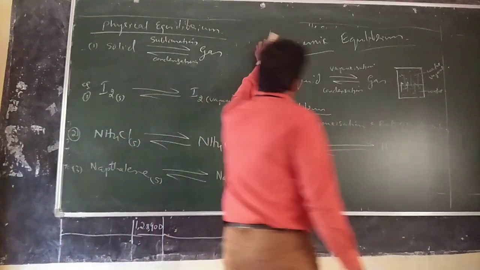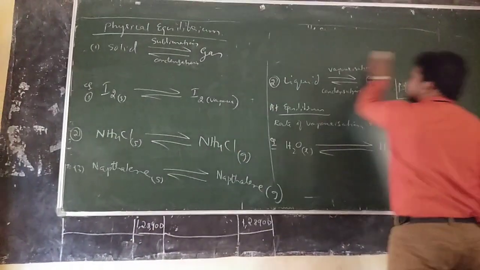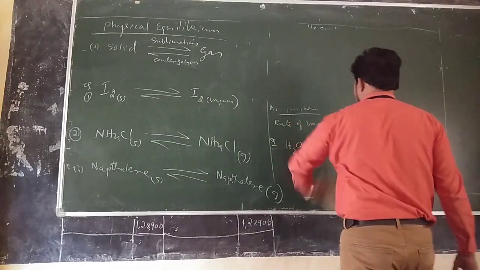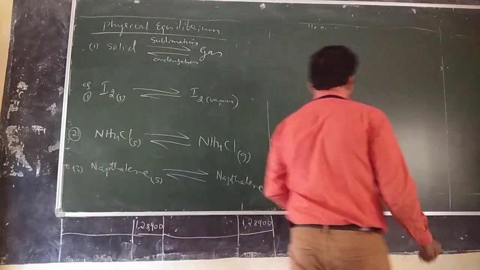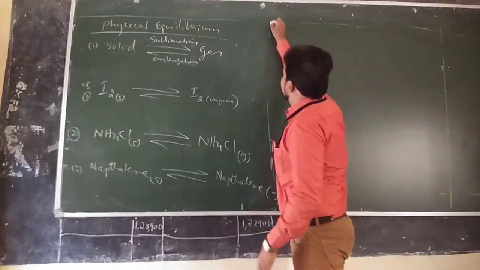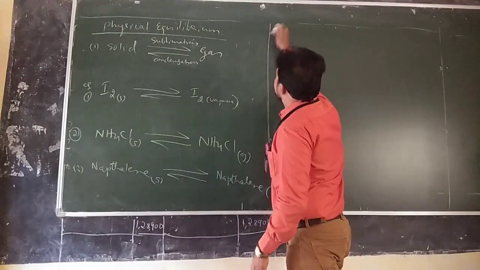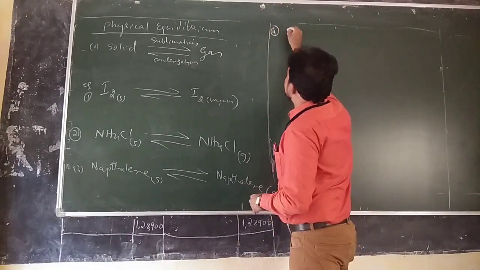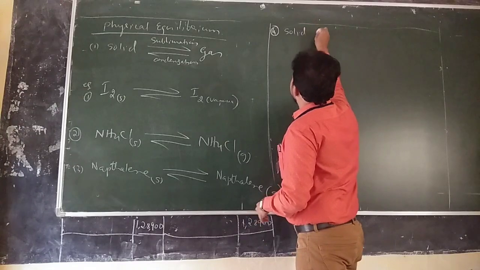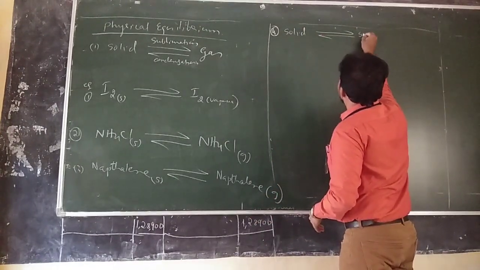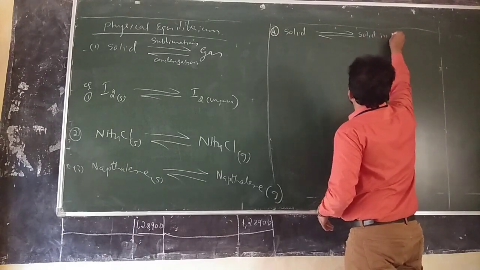Okay. Now I will take two more processes under the heading physical equilibrium. See, these are the two more examples. What is that? One is solid to solid in solution.